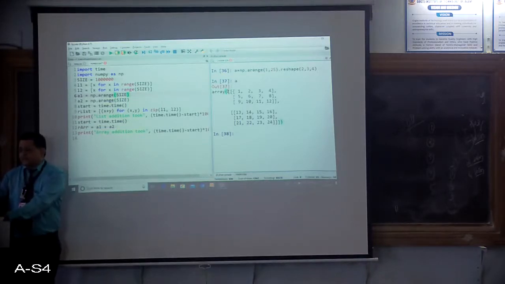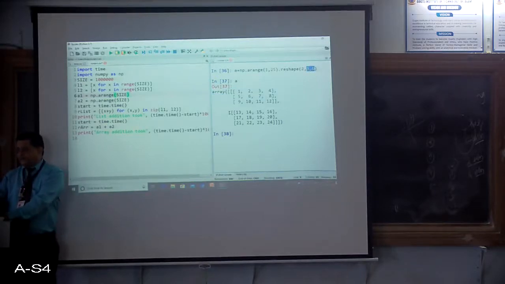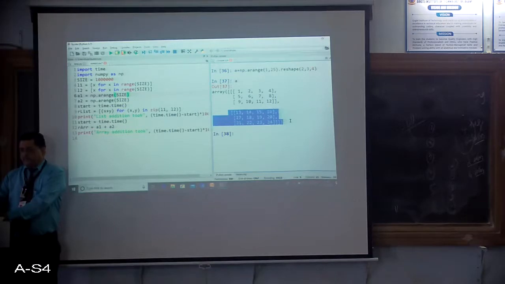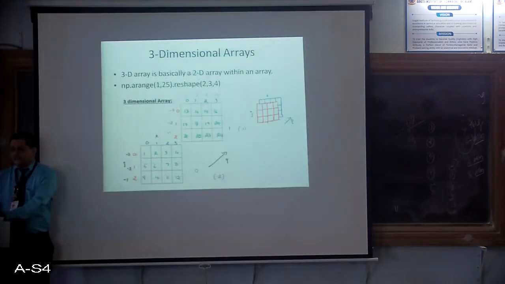The outermost dimension has 2 rows, and each is itself a 2-dimensional array having 3 rows and 4 columns. So you can visualize it as a 2D array within an array.